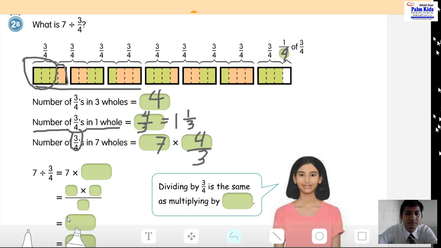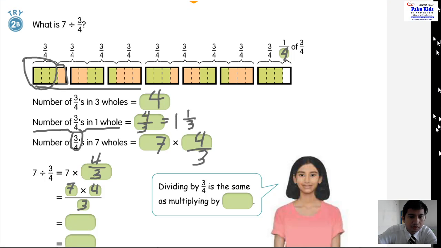So 7 divided by 3 per 4 is 7 multiplied by 4 per 3, equals 7 multiplied by 4 multiplied by 3, equals 28 per 3, equals 9 1/3. Yeah, this is a mixed fraction.